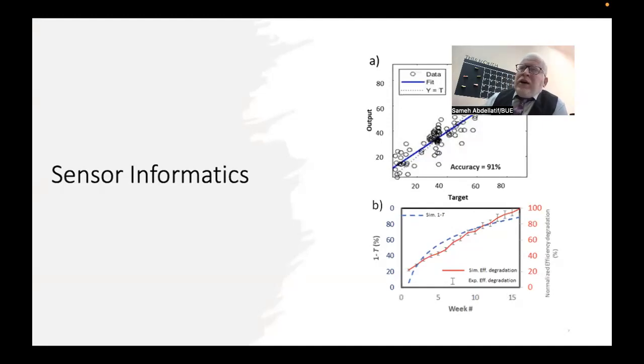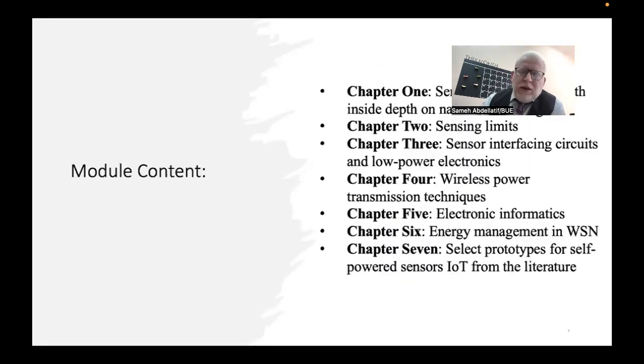This usually happens by embedding some sort of machine learning algorithms, or artificial neural networks. We are not going to go into deep detail because this needs a lot of time, but at least we are going to show how such artificial intelligence algorithms can play a role in the optimization, understanding, and prediction of electronic circuit design, and typically in our case for sensors.